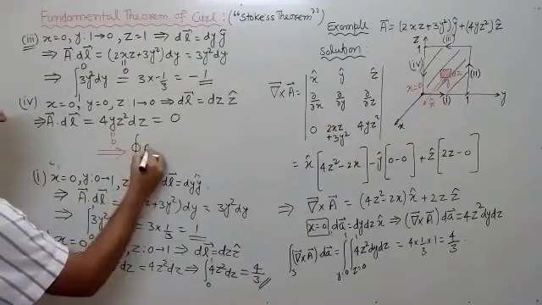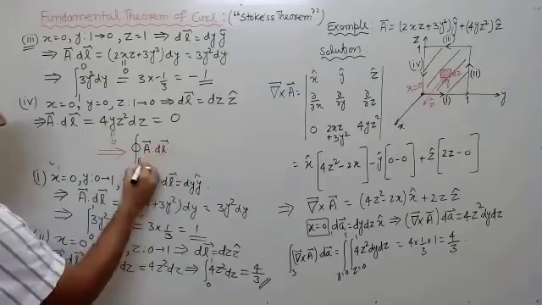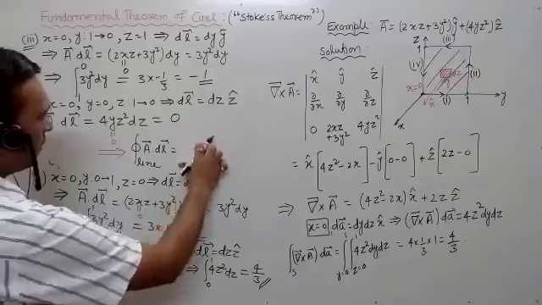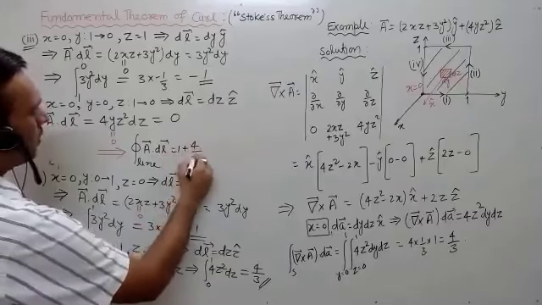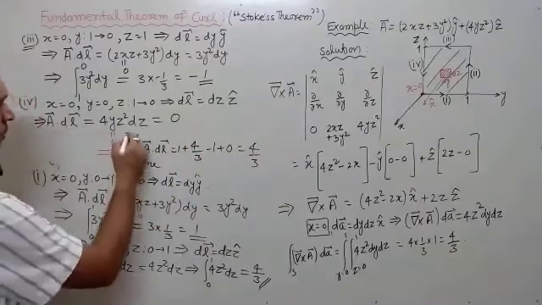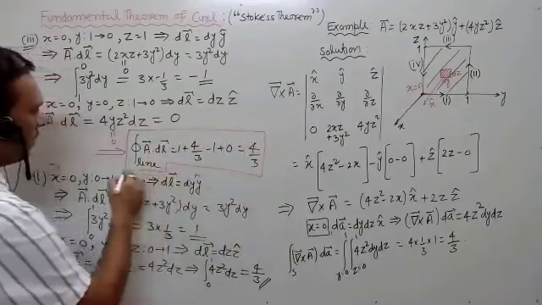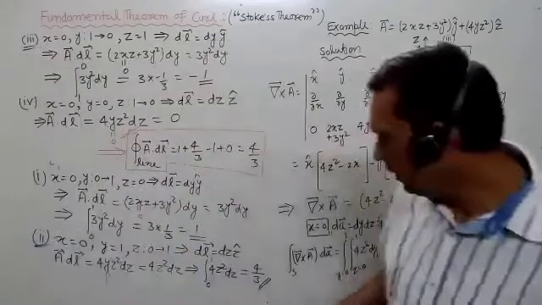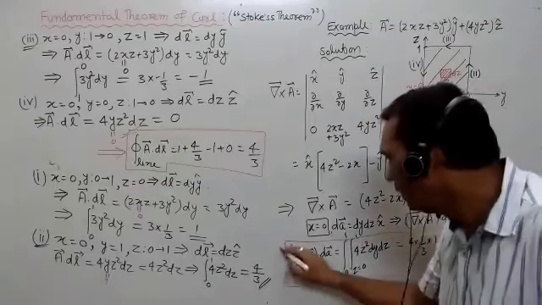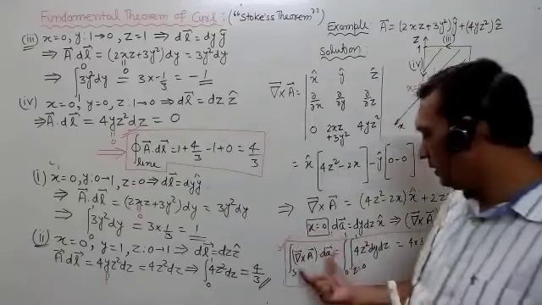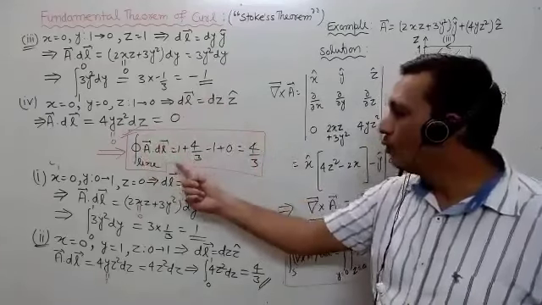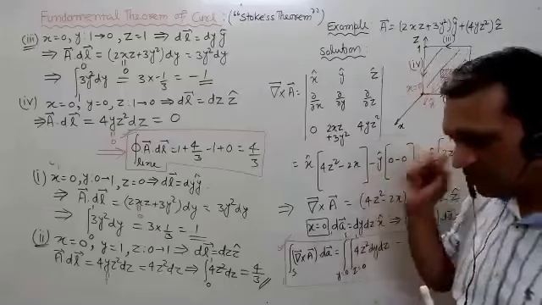What will be closed A dot dl? First you have 1 plus 4 by 3 minus 1 plus 0, that is again 4 by 3. So you can easily verify that closed A dot dl and this value are the same. So the surface integral of the curl of vector A over an open surface is the same as the closed line integral of that vector. Is it clear?